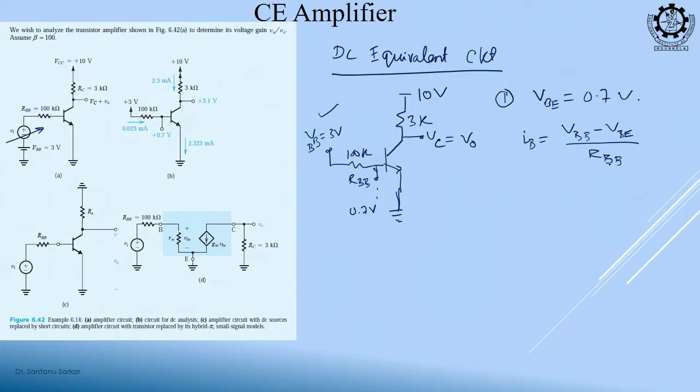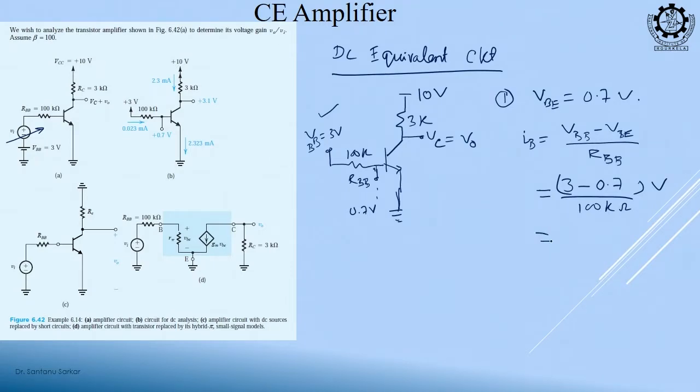First write the formula, then you put the values. VBB is equal to 3, this is 0.7, and this is 100 kilo ohm. This is in volts, take care of the unit.